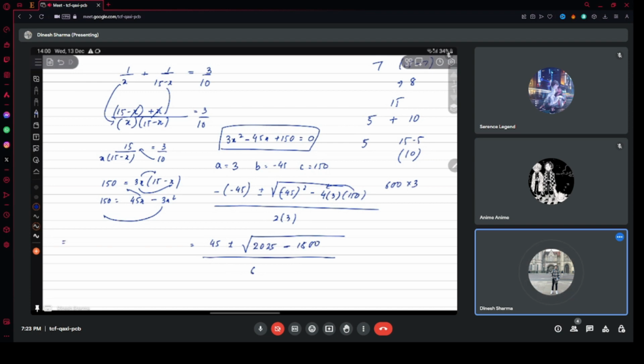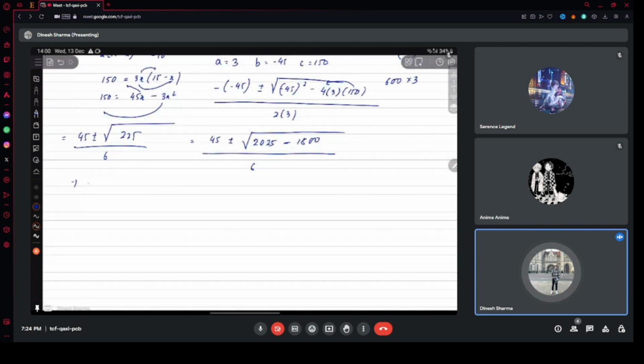This will be 45 plus or minus the square root of 2025 minus 1800. 2025 minus 1800 is 225. So this becomes 45 plus or minus the root of 225, which is 15, divided by 6.